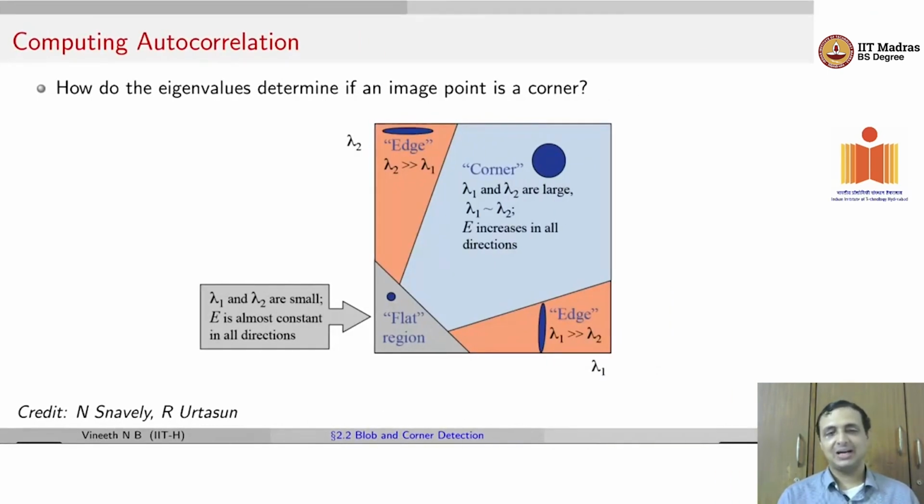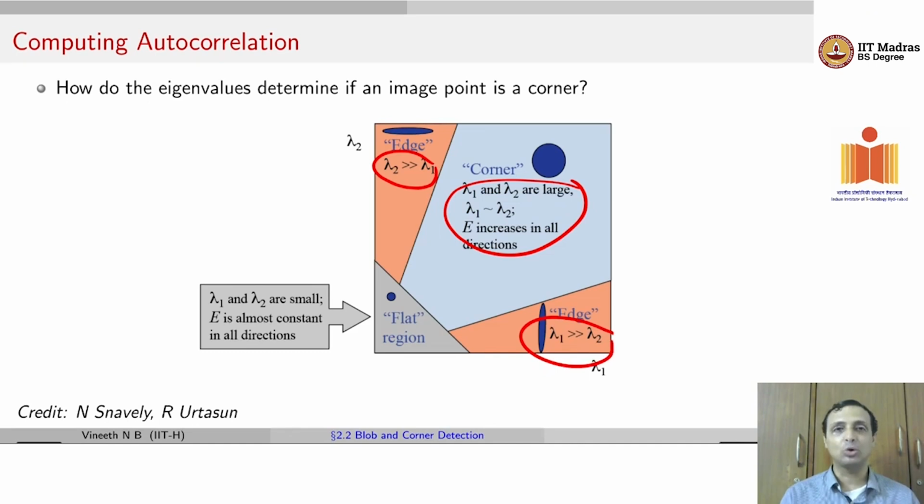Very similar to the discussion that we had at the early part of the lecture. When both lambda 1 and lambda 2 are large, you know that the intensity changes in both directions at those points. When either lambda 2 is much greater than lambda 1, or lambda 1 is much greater than lambda 2, it's going to be an edge, because there's going to be change only along one direction.